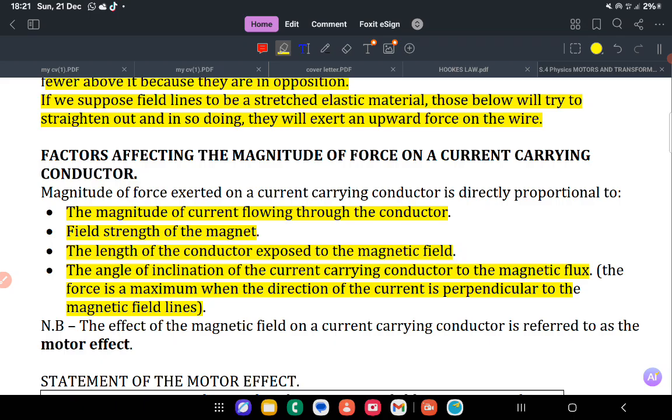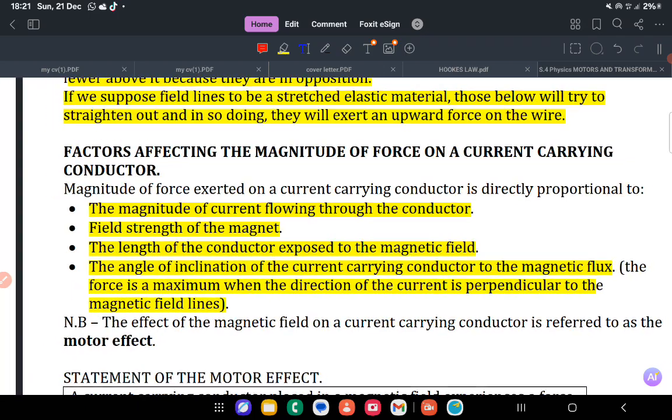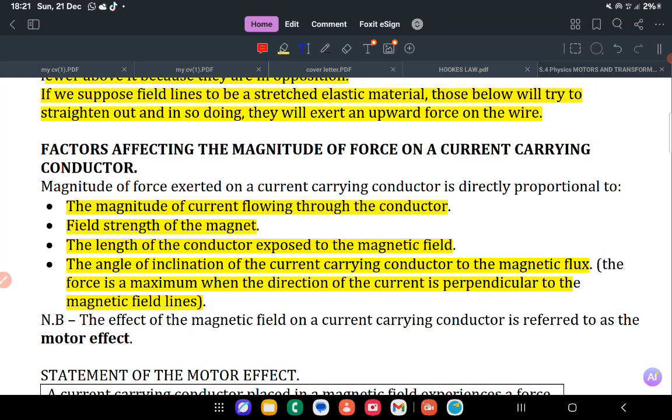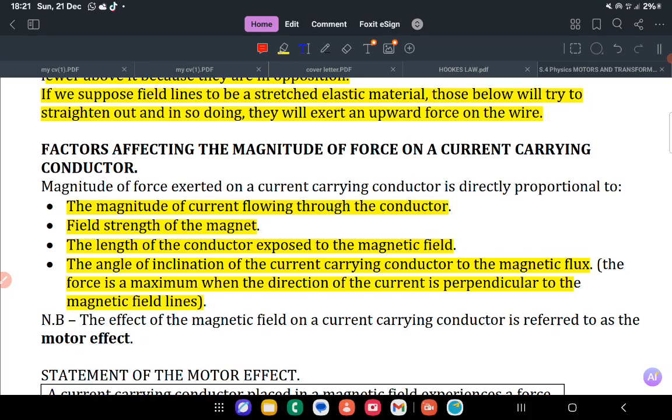So the effect of the magnetic field on a current carrying conductor is referred to as the motor effect. So the effect we just discussed, whereby a conductor experiences a force causing it to move when placed in a magnetic field, is called the motor effect.